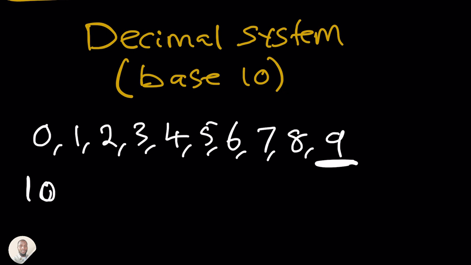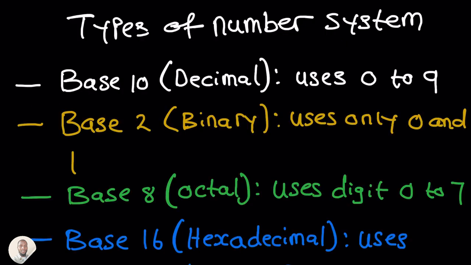You see, this 10 now has a new place value, unlike this particular 0. This 10 now has units and what? 10. Alright, you can think of a number base like a counting system. Different number bases use different sets of digits.